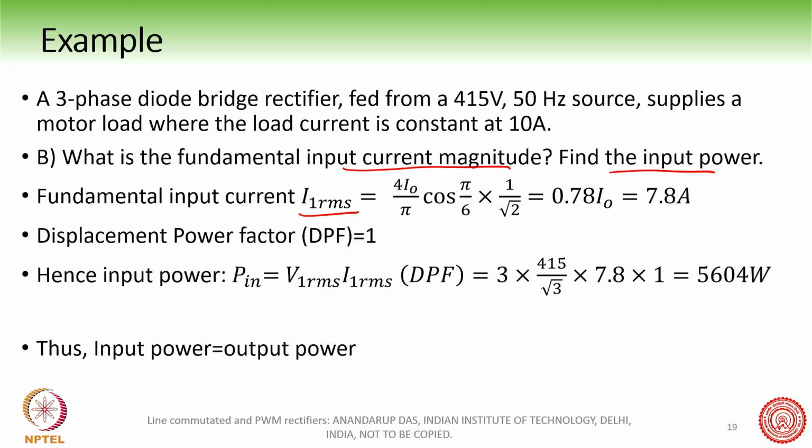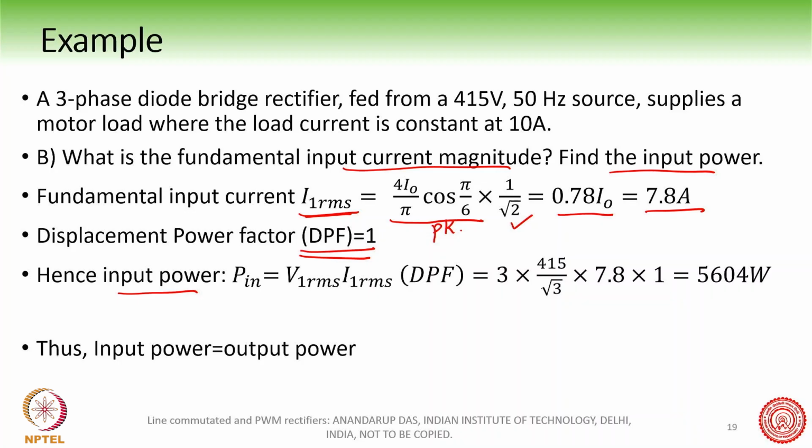Therefore the fundamental input current I1 RMS is 4 I0 by pi cos pi by 6, which is the peak value, times 1 by √2 for the RMS value. So this value is 0.78 times I0, and since I0 is 10 ampere, this is equal to 7.8 ampere. And the displacement power factor dpf is equal to 1, because this is like a thyristor rectifier with alpha equal to 0 degree.